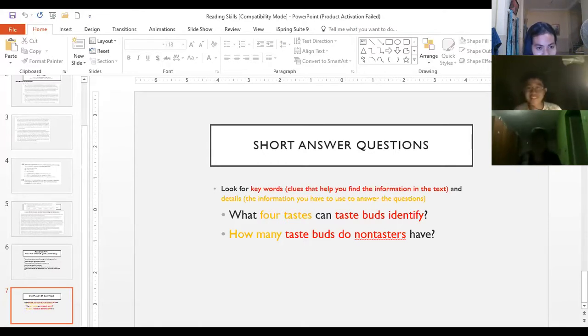Okay, number 4, we talk about foods that super tasters avoid. That means they don't like eating or they don't eat those kinds of food. And you can find that in paragraph number 4, because in number 5, they talk about their diet, like they should control and so on. So what paragraph did you get the answer from, 4 or 5?